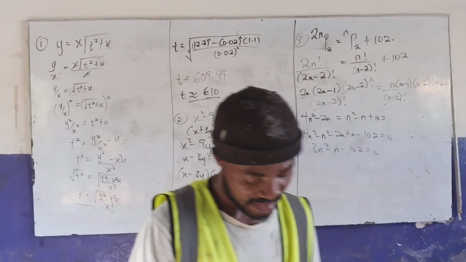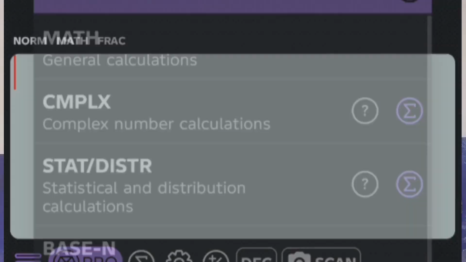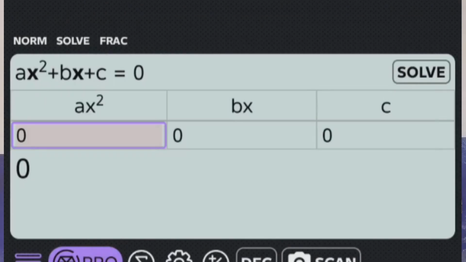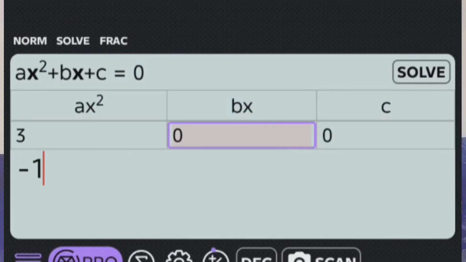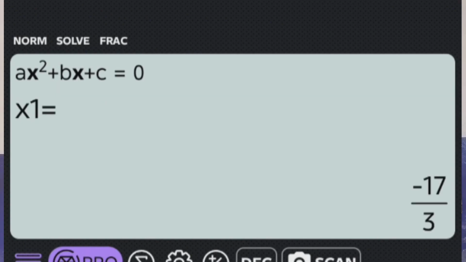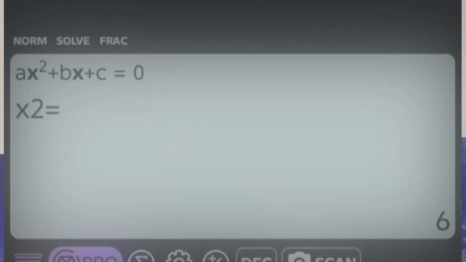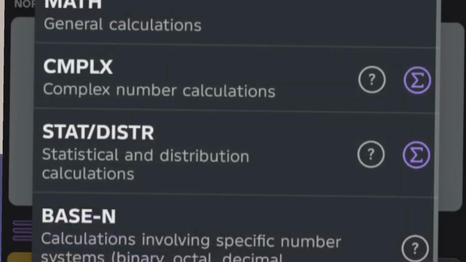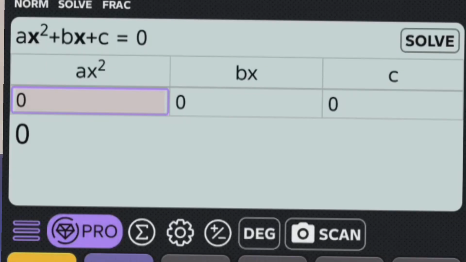Using the calculator, because we are not at the basic level, we can use our calculator for quadratic expressions, where we enter 3, minus 1, and then minus 102.